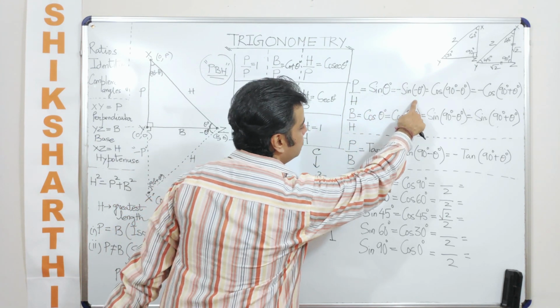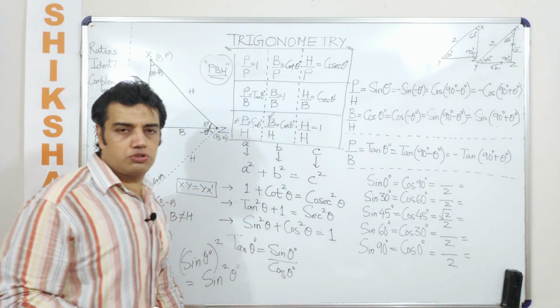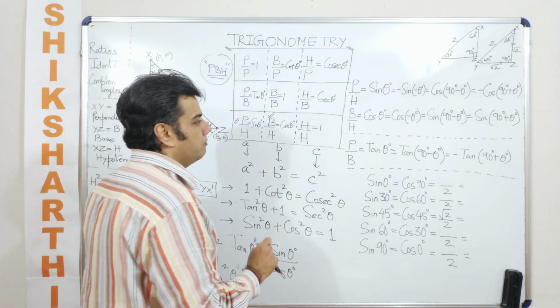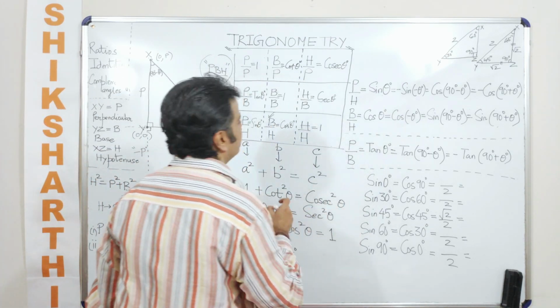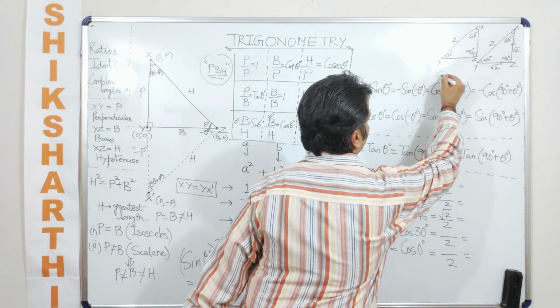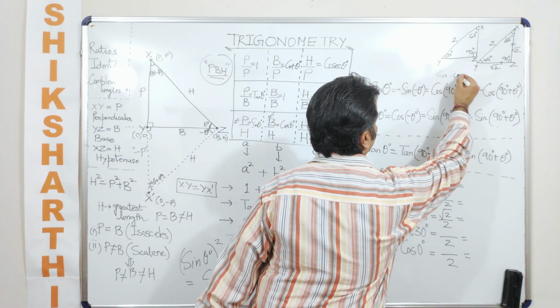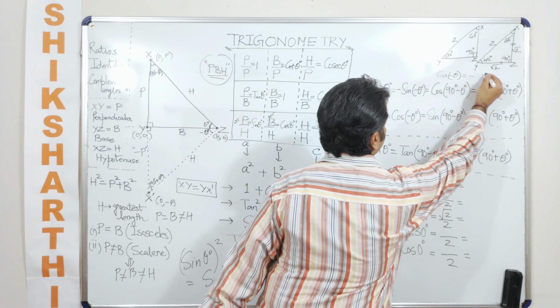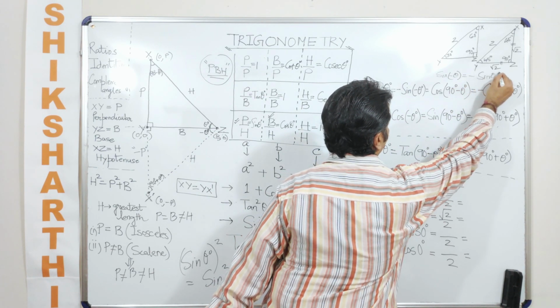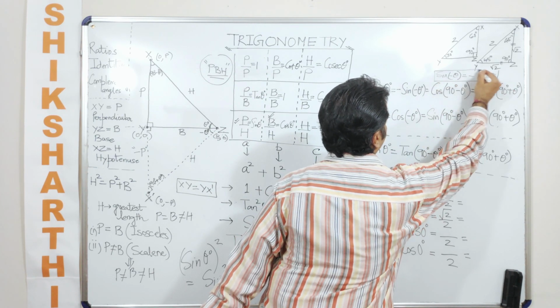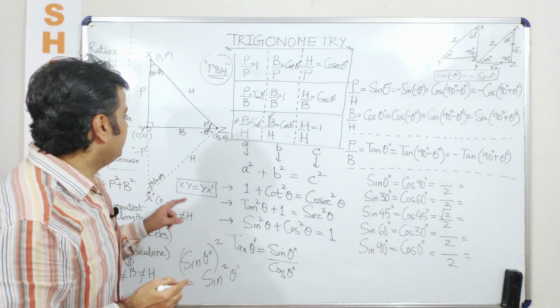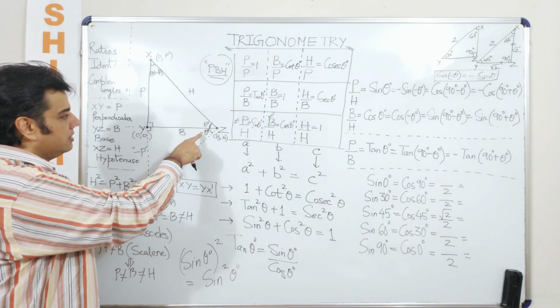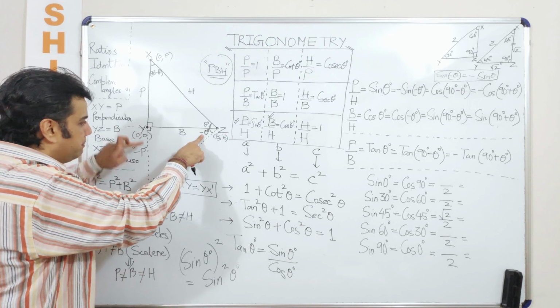So minus into minus gives me how much? Plus only. So the point to learn from here is, can I say sine of minus theta will be equal to minus sine theta? This is the point that I am trying to make. And at the same time, can we find out the value of cosec of minus theta? Now cosec has nothing to do with the perpendicular.